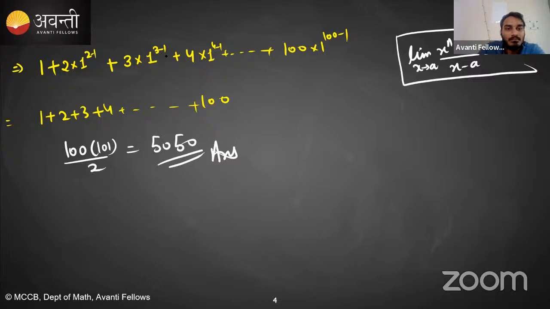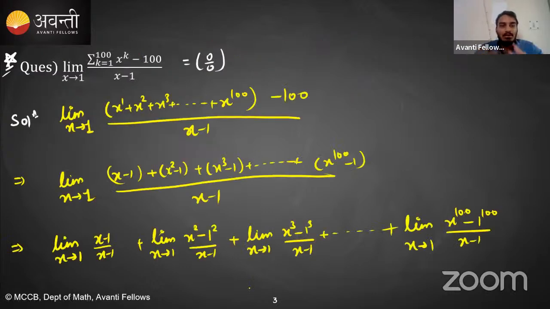Is this clear? Tell me quickly in the chat box, how many of you understood this? Clear, right? So in the question, we had to break that complicated long expression into small limits, find the limit of each individual expression, and then add them.